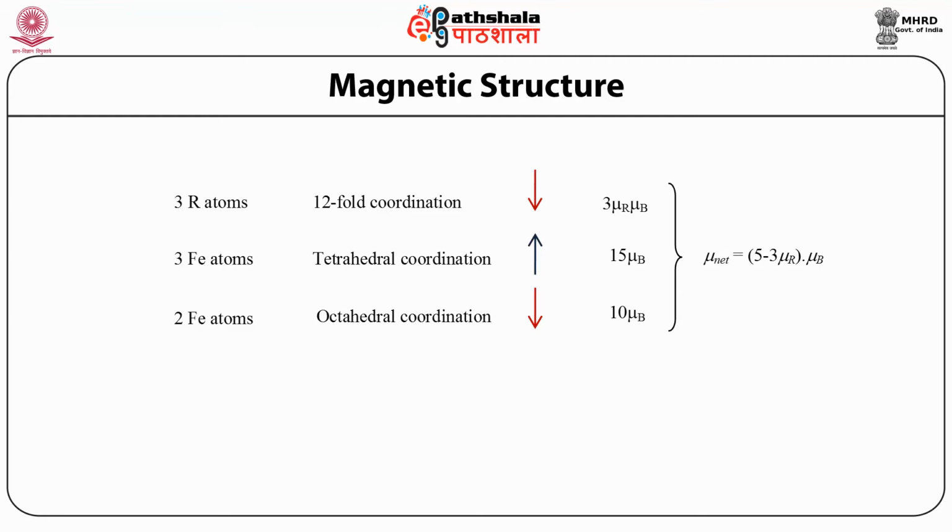Hence, the total picture looks like the following, which shows that 3 R atoms having 12-fold coordination have spin down, 3 iron atoms having tetrahedral coordination have spin up, and 2 iron atoms have octahedral coordination. So overall it is (5 − 3μR) μB.